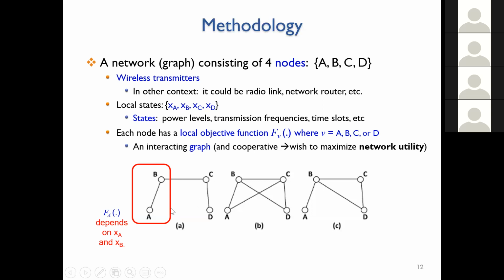On the other hand, you would like to make it in a certain manner such that it's large enough that you take into account what's happening around your neighbors or for the whole network, A, B, C, D. You can imagine the extreme case that your FA is only a function containing the throughput of A, but not B, not C, not D. Then this is simply a very selfish and greedy decision for yourself.